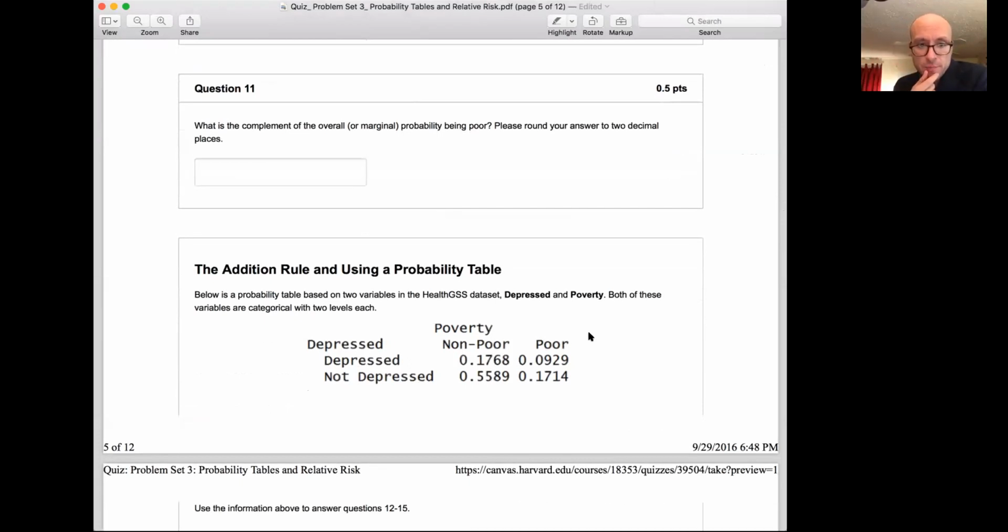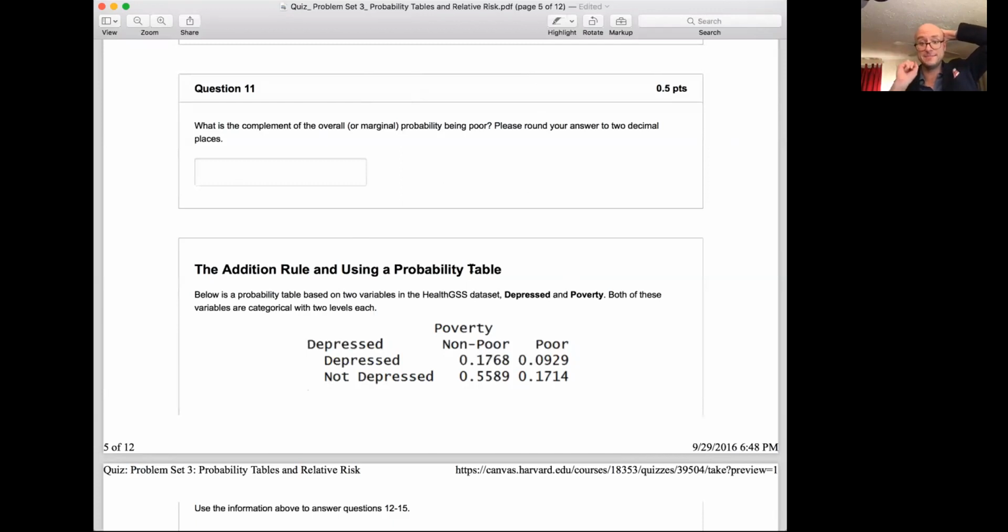The addition rule using a probability table. Okay, so there we gave you probabilities. We could actually use the addition rule to figure out probabilities. Now keep in mind a probability table here. What do we know about a probability table, given that what we're providing to you is a legitimate probability table, which is what we're going to do because I don't want to hurt my reputation by calling something a probability table where it is not mutually exclusive or comprehensively exhaustive, right?